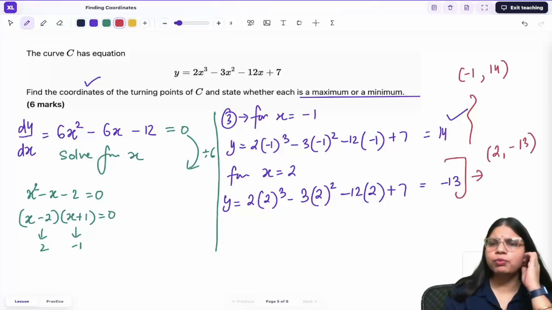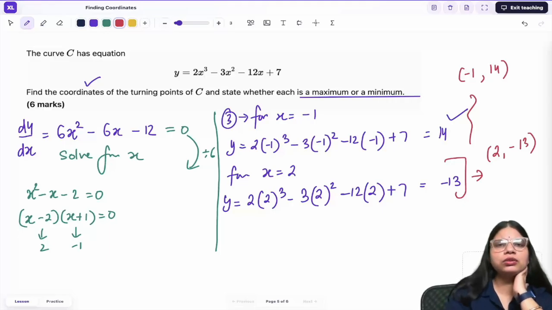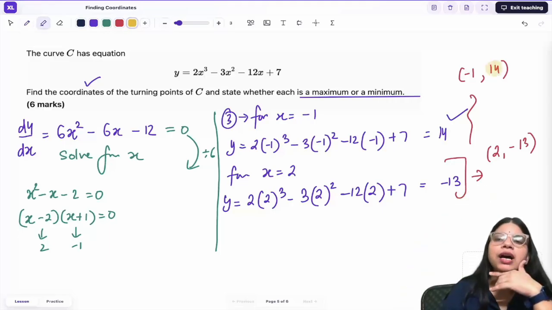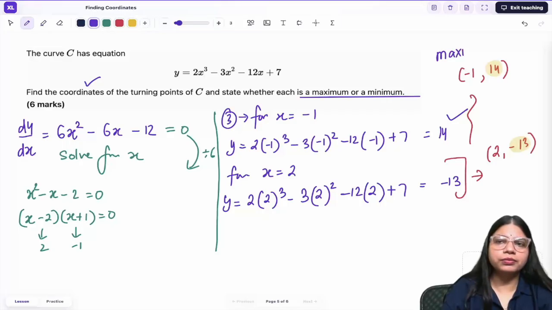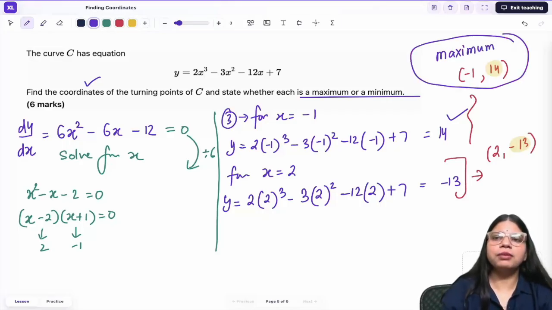This is giving us the top positive y value, and this gives us the negative y value. So that means this is the maximum point, and that one would be the minimum point.